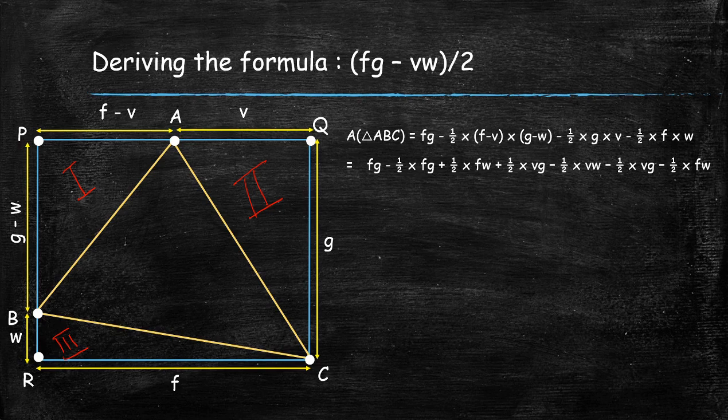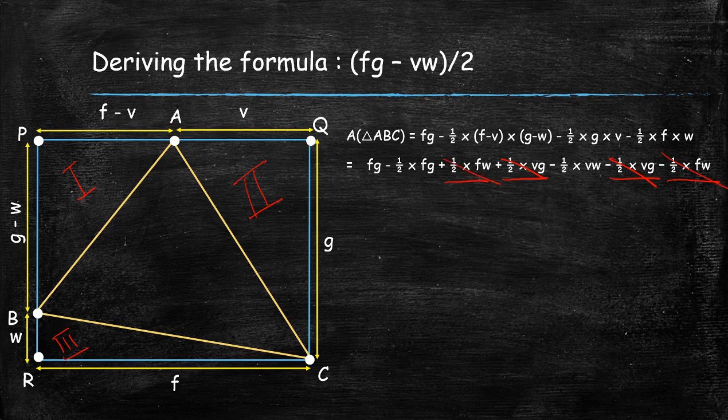First I found that plus half Vg and minus half Vg get cancelled, and then plus half Fw minus half Fw, they get cancelled.